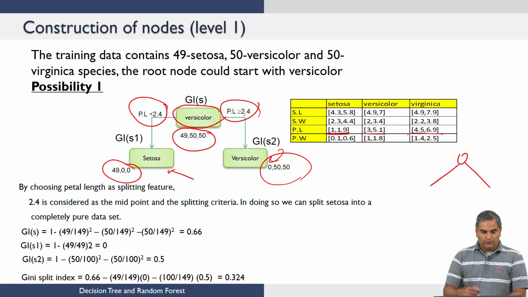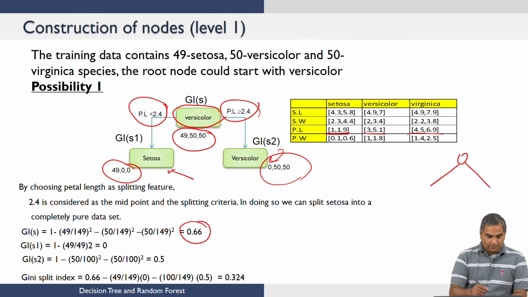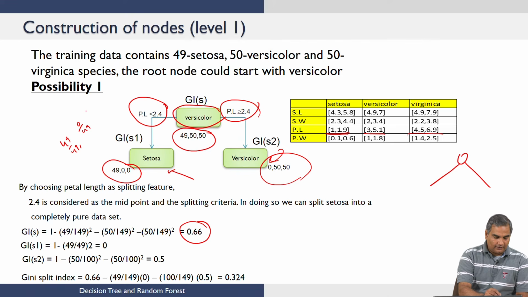And now you can quite easily compute the Gini impurity for this, which is 1 minus (49 by 149) squared minus (50 by 149) squared minus (50 by 149) squared, which is what I had mentioned. This will turn out to be 0.66. Now, since this is a pure node, you will get the value to be 0 here, because the three fractions are 49 by 49, 0 by 49 and 0 by 49.